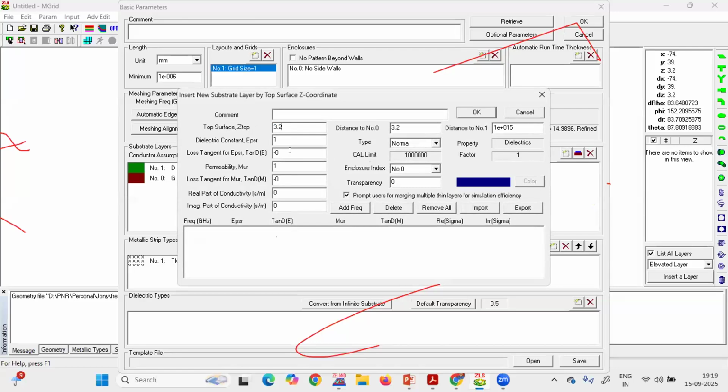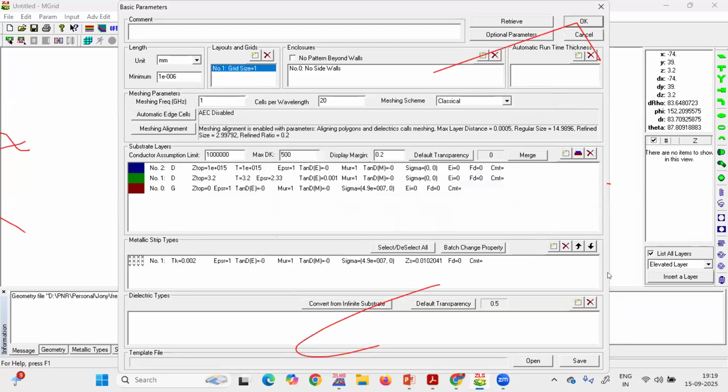Let it be 3.2 mm, the dielectric constant is 2.33, and the loss tangent is 0.001. These are the substrate materials.